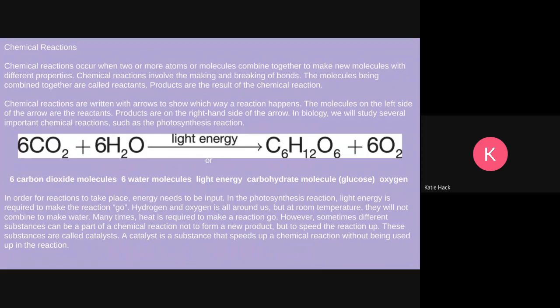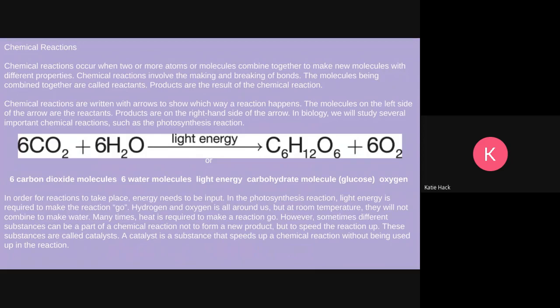And at the other side of the reaction, you will have 2 brand new atoms or molecules. The molecules being combined together are called the reactants, and the products are on the other side of the chemical reaction. So on the left side, you have reactants. On the right side, you have products.